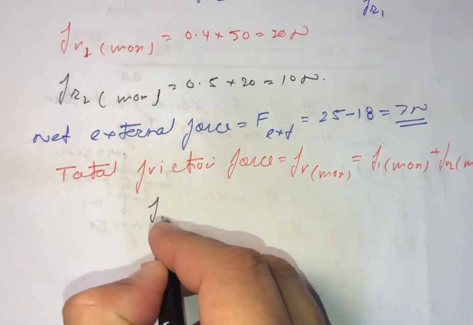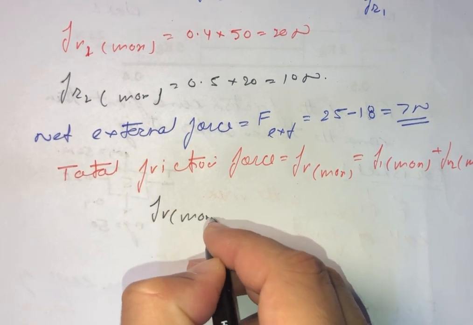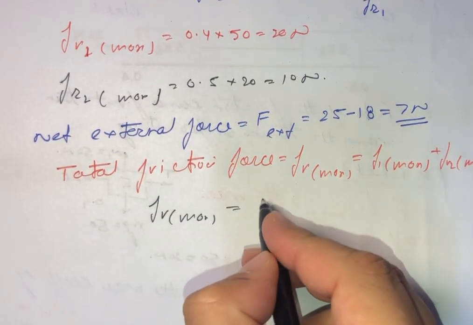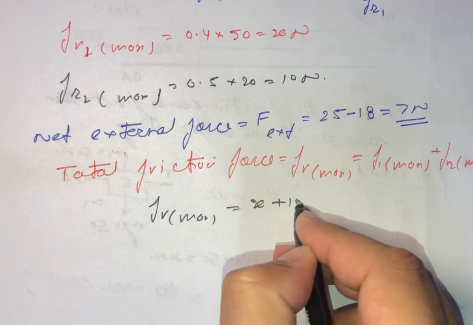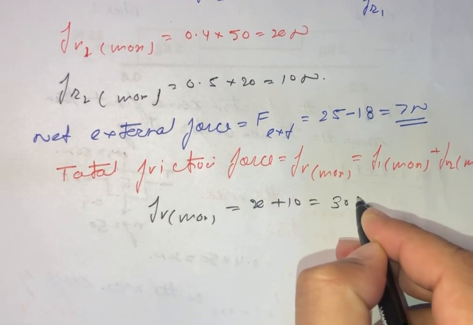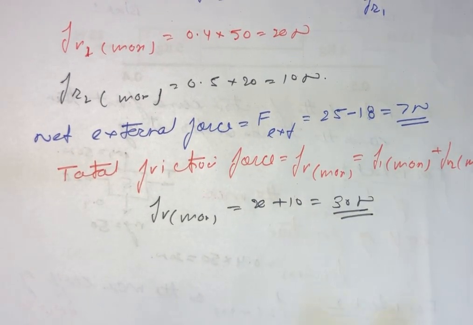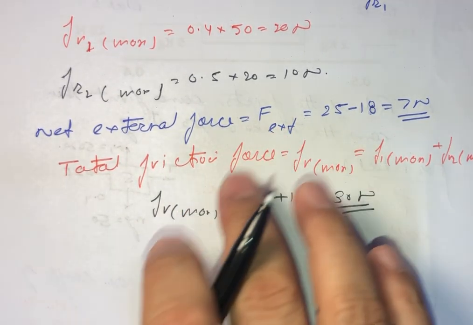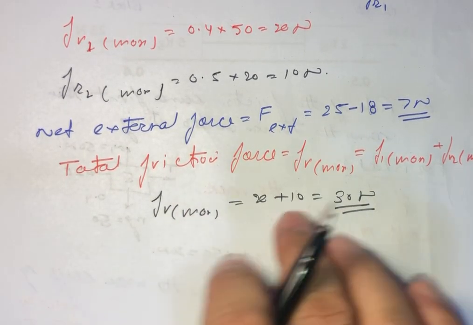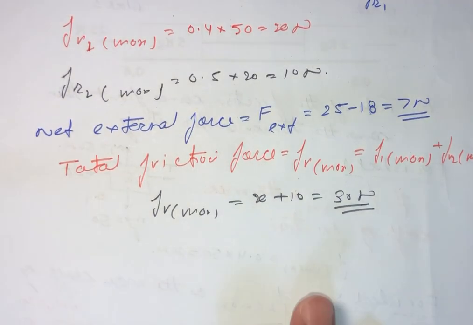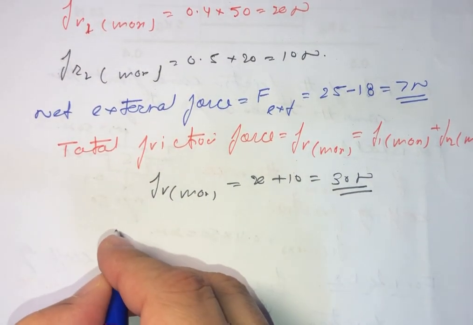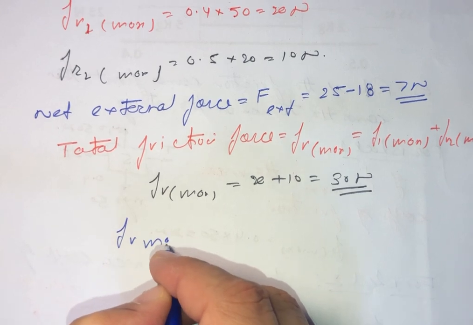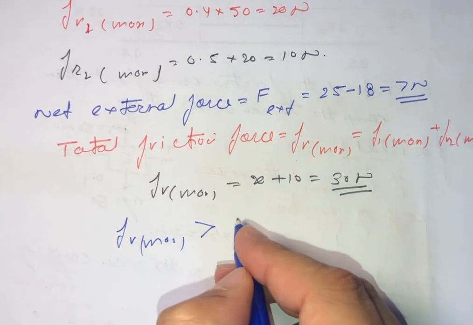So we can say that Fr max is equal to 20 plus 10, that is equal to 30 Newton. Now making comparison between F external and F max, we can clearly see that our Fr max is greater than F external.